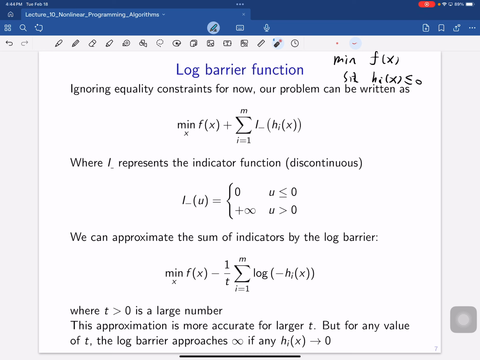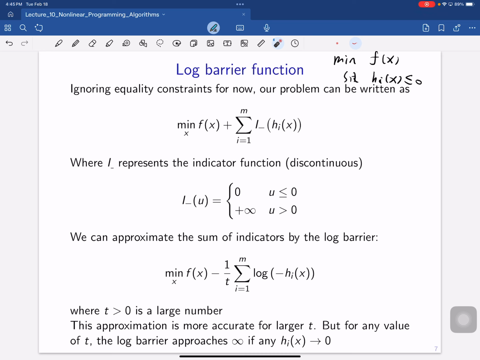So if u is less than or equal to 0, the function value equals 0. If h_i(x) is less than or equal to 0, the x is feasible, therefore there is no penalty to the objective function. On the other hand, if u is greater than 0, where again the argument is h_i(x), that means this x is infeasible, so the indicator function will induce an infinite penalty to the objective.